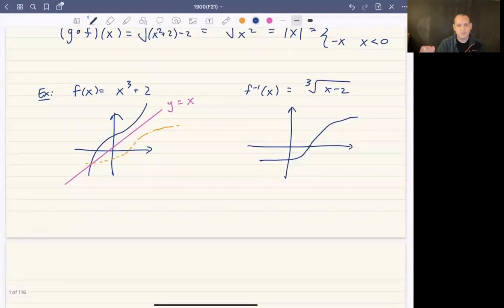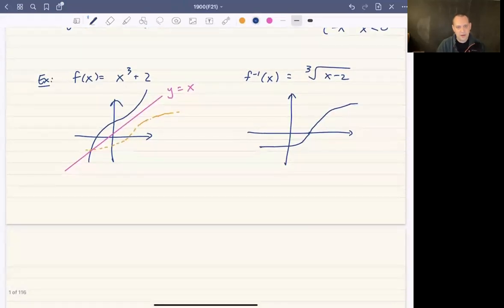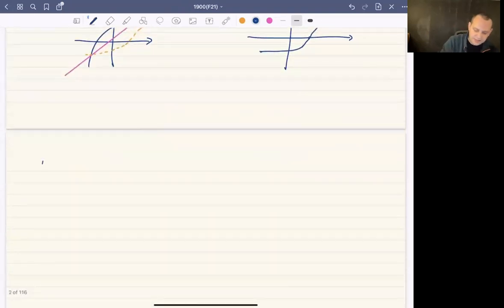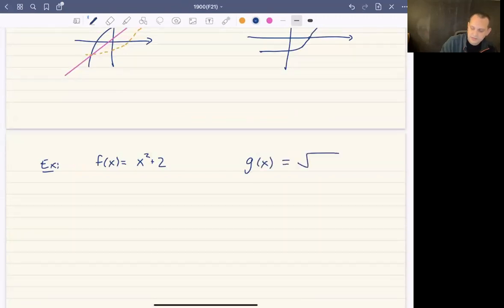That also explains why x squared plus 2 does not have an inverse function. If you were to do this process with the function x squared plus 2, what you would end up with, I'm not going to call it the inverse because it's not, but if you were to take the square root of x minus 2, you do not get the same graph, because x squared plus 2 is just a plain old parabola shifted up 2 units.